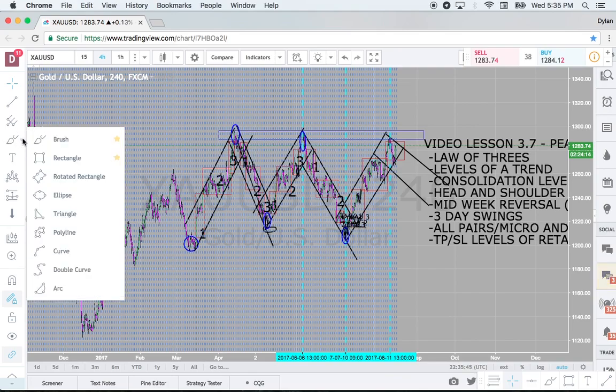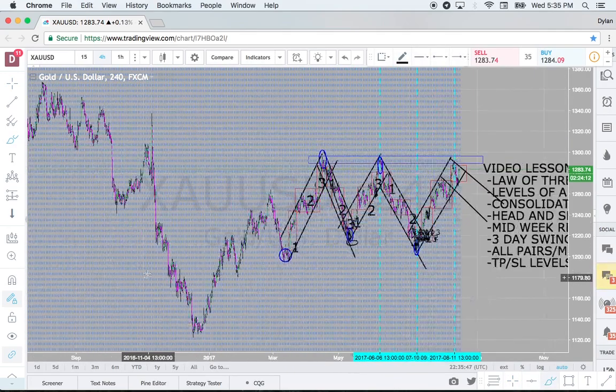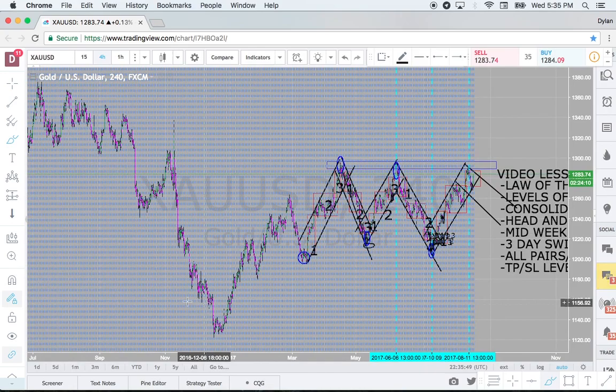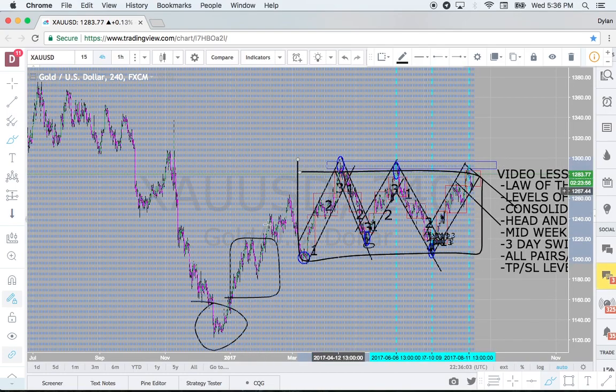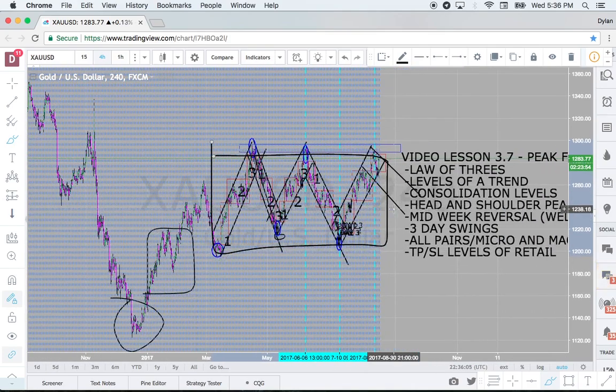So looking at this from a very macro perspective, this could be the peak. This could be level 1, and then this could possibly be level 2 to a very huge, very large uptrend that could be forming level 3 right now.